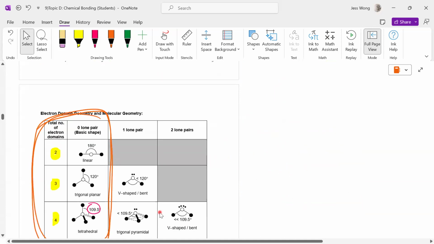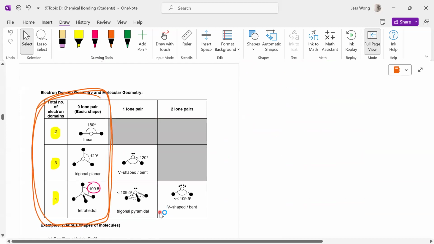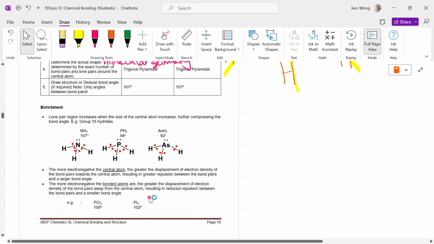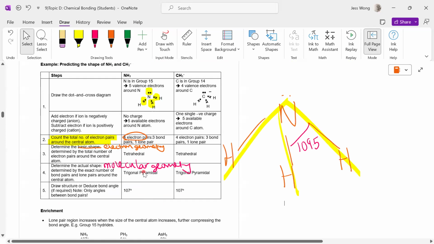So we get the shape after we hide the lone pair. From this structure, if I hide that lone pair and I don't see this, I will be seeing a triangle pyramid. So that's the molecular shape. The shape is triangle pyramidal, right?